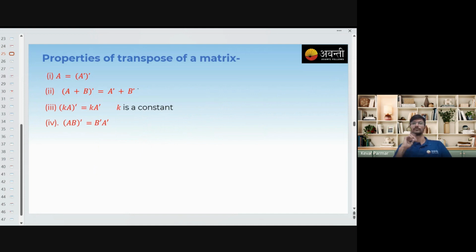Properties of transpose. Obviously, guys, if I take the transpose 2 times, I will get the matrix itself. Correct? A plus B the whole transpose is basically A transpose plus B transpose. K into A transpose, where K is a constant, is basically K into A transpose. This is important. If A into B the whole transpose, then if I want to distribute transpose, it will be flipped: B transpose into A transpose.